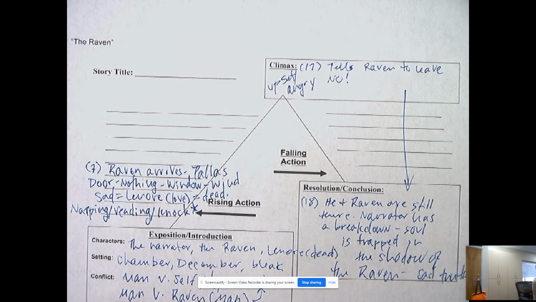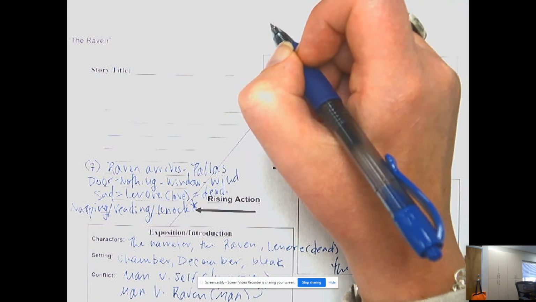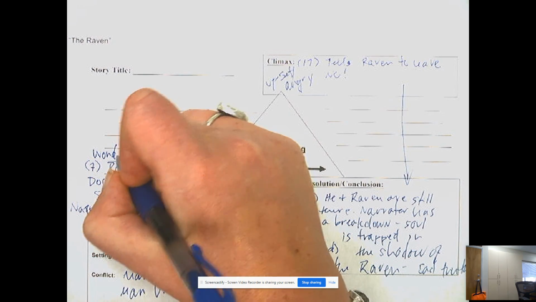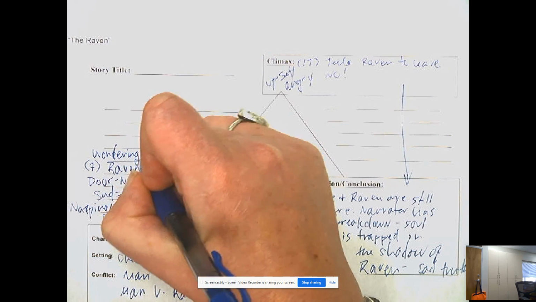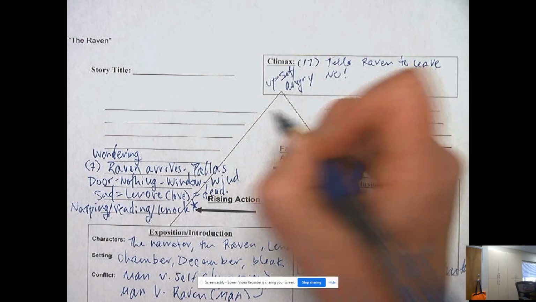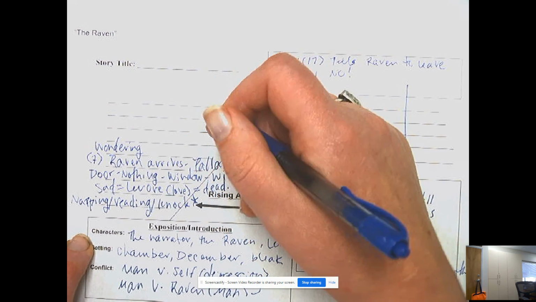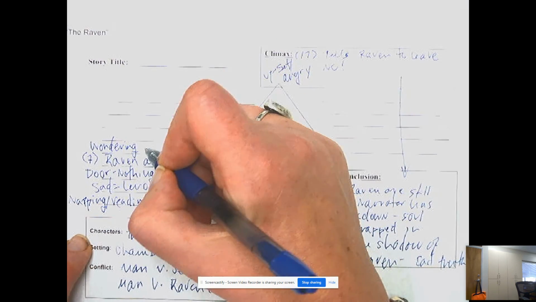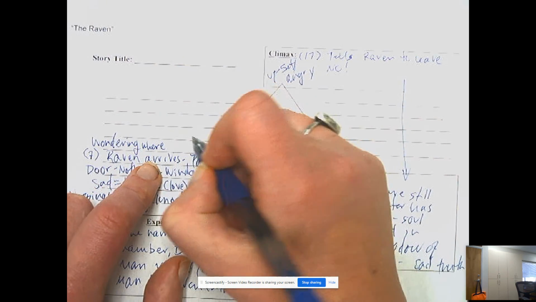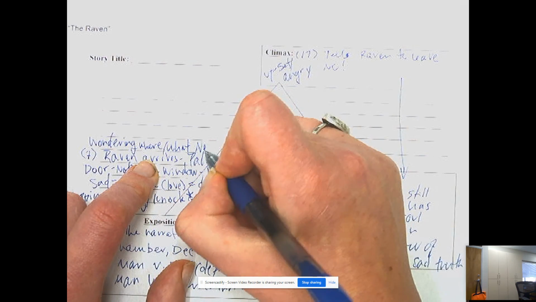So after this, we have a series of stanzas up until stanza 13, and all of these stanzas basically are him wondering and theorizing about why the raven is saying nevermore, what he means by it, why is this raven here, etc. So he wonders where he's from, and what nevermore means.